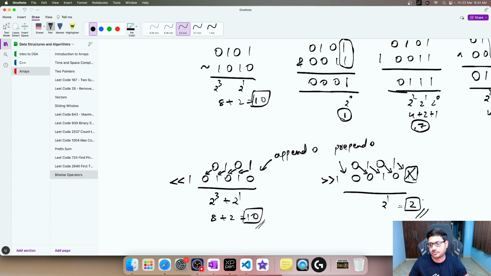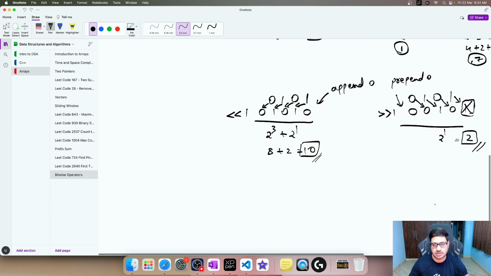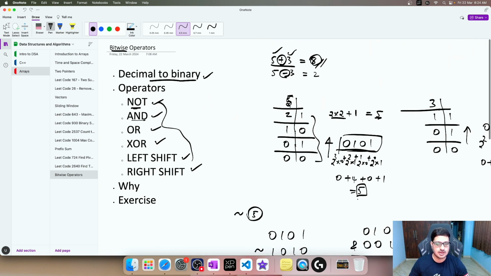And we got 2. So that is how bitwise operators work. Okay. So you can take different examples. I used 5 for our video. You can try the same thing with 2 and see how it works. Now let's see why we need to learn all this. So there are some specific use cases when it comes to dealing with integer arithmetic.